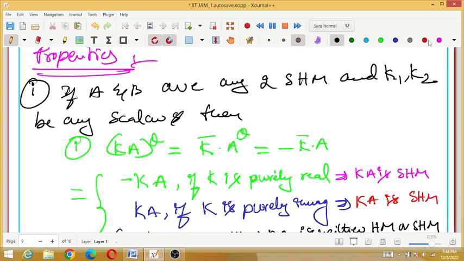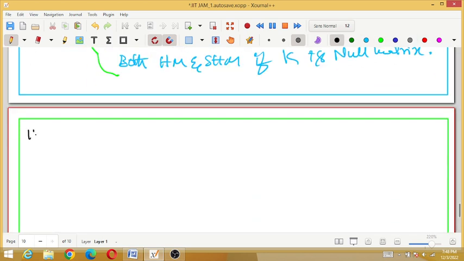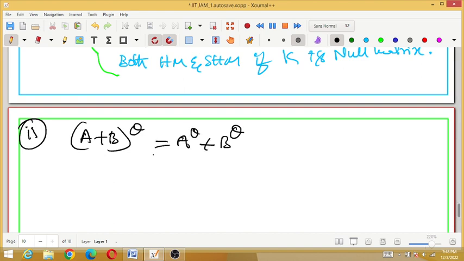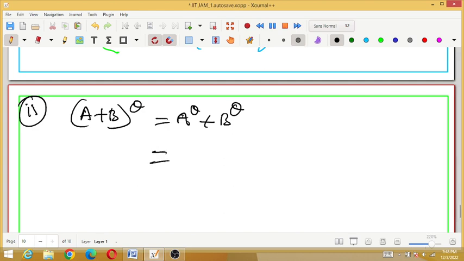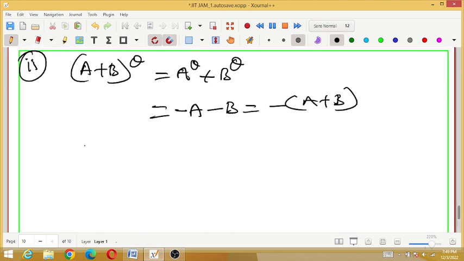Next, second property: (A plus B) whole power theta is equal to A power theta plus B power theta. We all know this. A power theta, why? Because if A is SHM, A power theta is minus A, and B power theta is minus B. While taking minus as common, A plus B. So (A plus B) whole power theta is equal to minus of (A plus B).